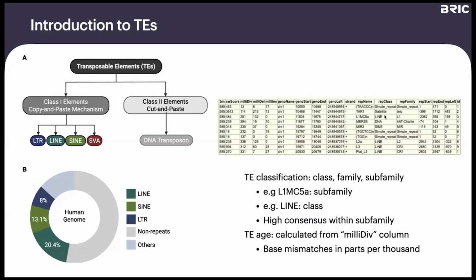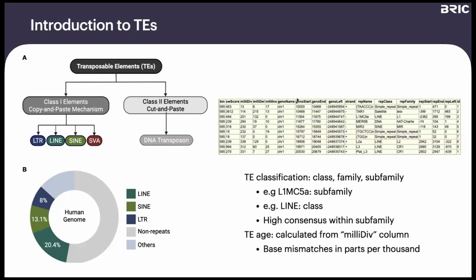This is one subfamily belonging to the LINE class. As I mentioned, the grouping is all based on sequence similarity, so within the same subfamily there is high similarity and a consensus sequence exists.